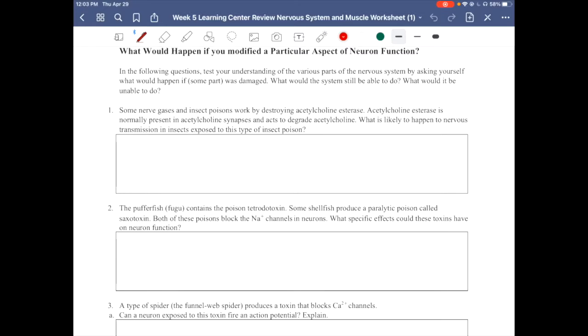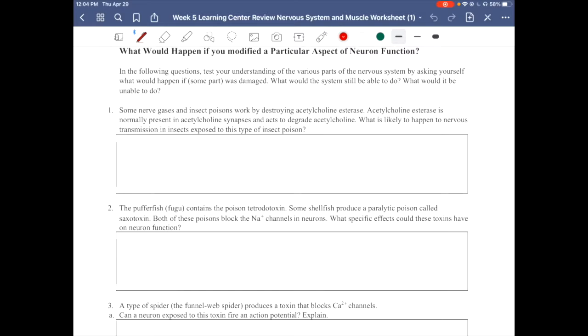So, like in our muscles, that will cause our muscles to keep contracting, but it can also hyperpolarize if the receptors are inhibitory. So wherever acetylcholine is inhibitory, this neurotoxin is going to hyperpolarize, and where acetylcholine is excitatory, the neurotoxin is going to keep it in an excited state.